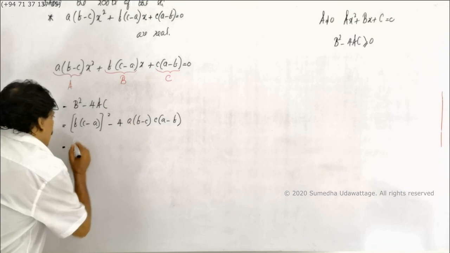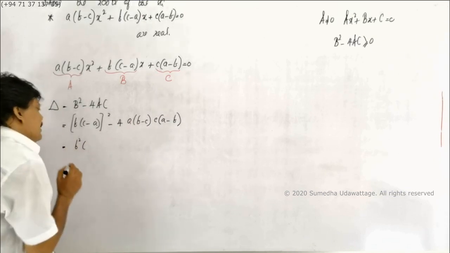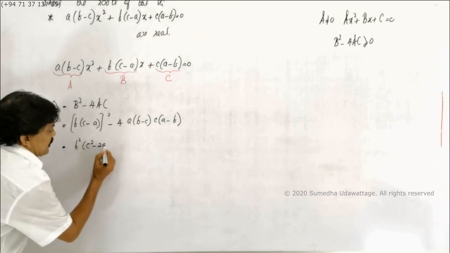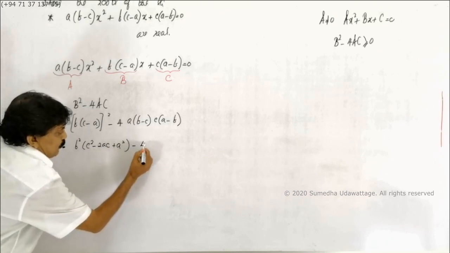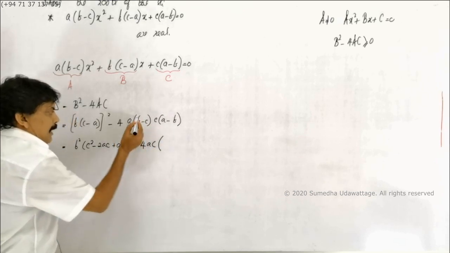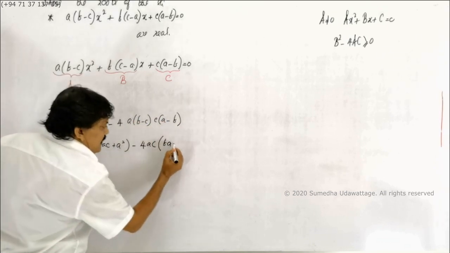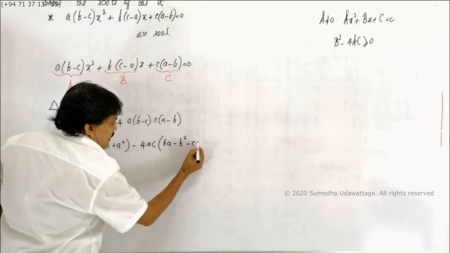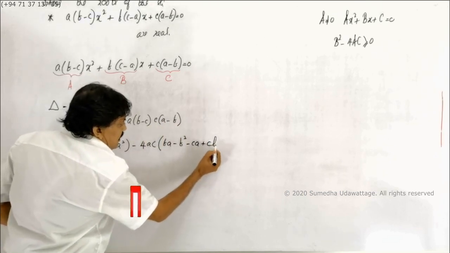Look here. This squared, you get b square, c minus a square would be c square minus 2ac plus a square, minus 4ac, then b into a, b into minus b square, c into a, minus c into minus b plus cb.